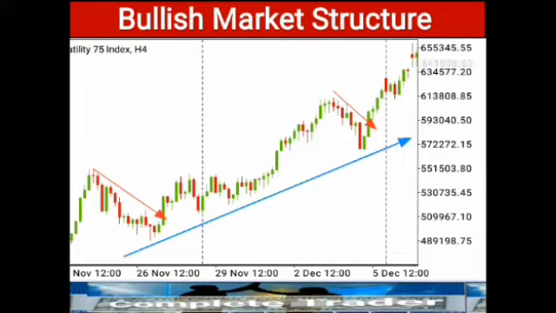And in a bullish market structure, what we see is the market is going to be making stronger bullish price ranges and weaker bearish price ranges. So remember we talked about bullish price ranges. So this is a decisive price range coming up.